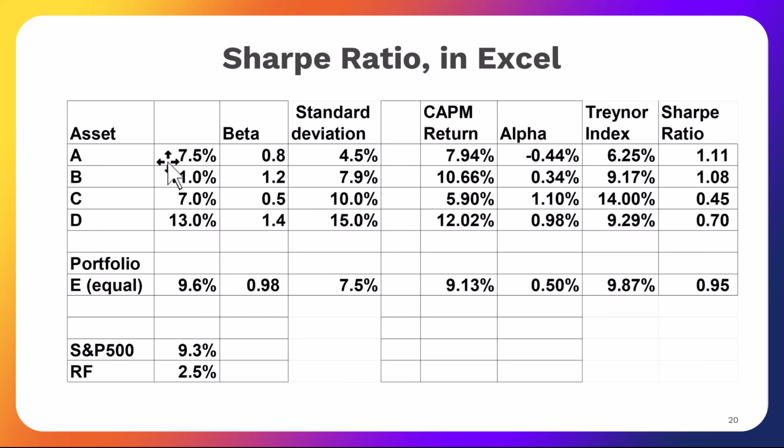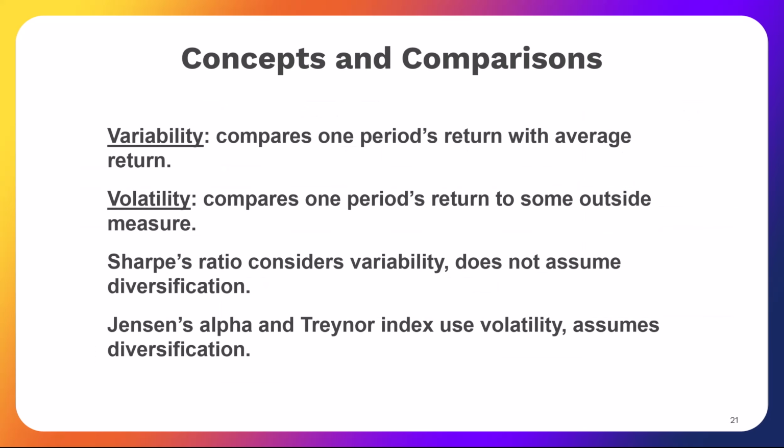But what we find here is that asset A, again, all of these are positive because all of the returns are in excess of the risk-free rate. So they're all earning something above the risk-free rate, right? They have positive excess returns. But relative to the total risk, we see that asset A is the highest performing of these portfolios.